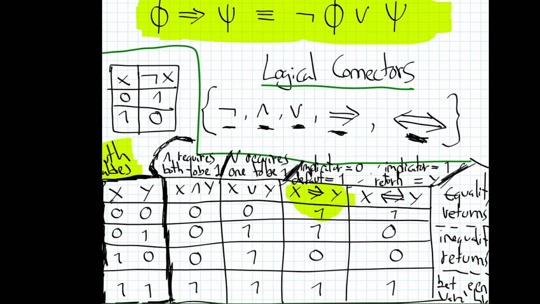Let's move on. We're going to try to arrive at this particular expression from this expression. So what we have is x implies y. The value that this expression returns is 1.